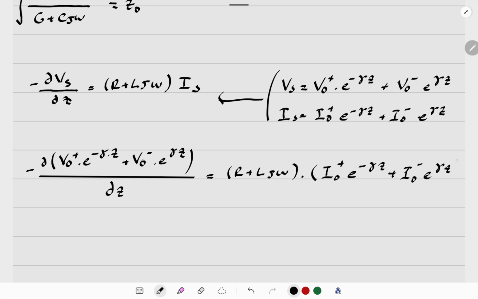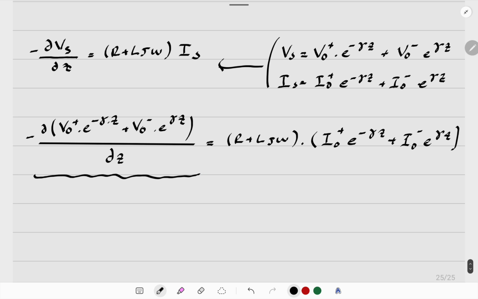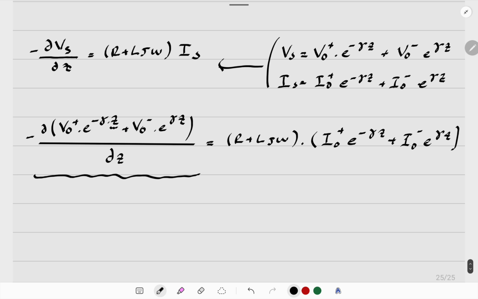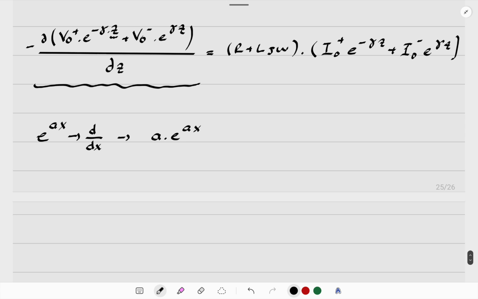All right, got it, great. The derivative of this one is with respect to z, so we only take the derivative of z. And we know that for e to the ax, if we take the derivative with respect to x, we see a times e to the ax, right? We remember this from our mathematics courses in the first and second year of university.